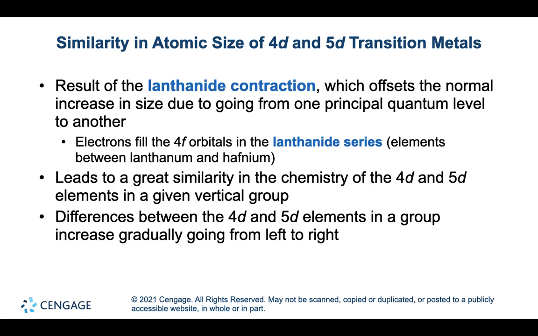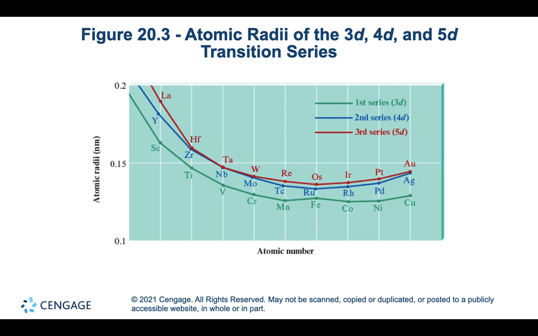The filling of those 4f electrons in the lanthanide series generally means that you're not going to see as big of a difference in size, because there's some shrinkage as you fill those 4fs, and that shrinkage kind of cancels the effect of the extra energy level from 4d to 5d. We call that the lanthanide contraction. So the 4d and the 5d actually have very similar chemistry because they have very similar atomic radius.